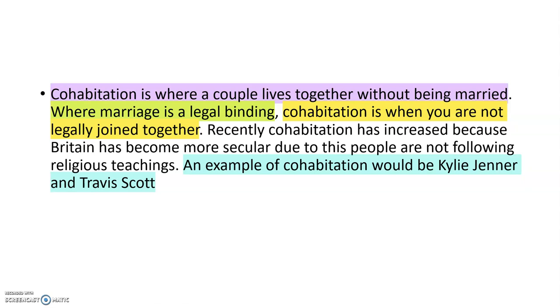Due to this, people are not following religious teaching. So it's giving you some explanation of why cohabitation is on the increase. And then this is definitely a more dated example, because I think they've split up, but an example of cohabitation would be Kylie Jenner and Travis Scott. That gives you some rough ideas of how you would get your marks for that question.